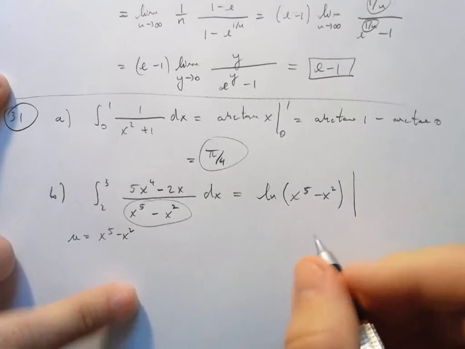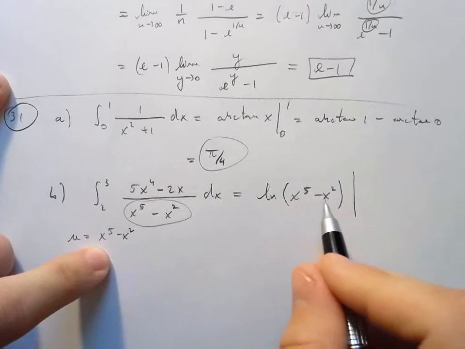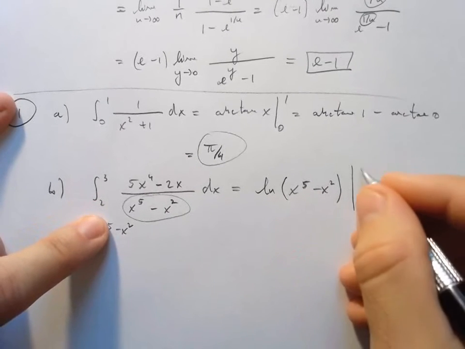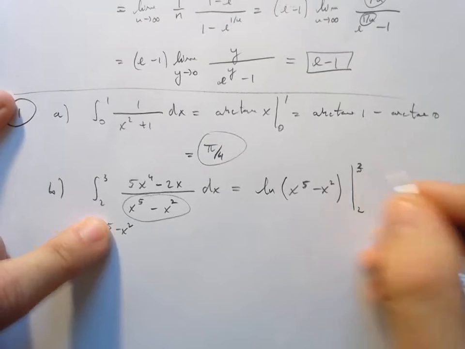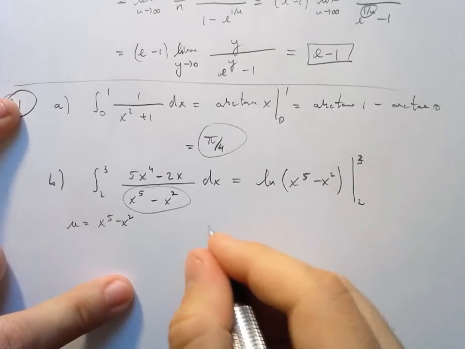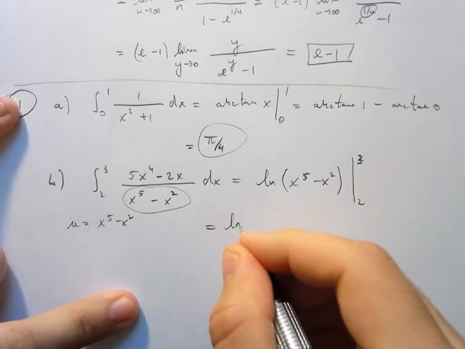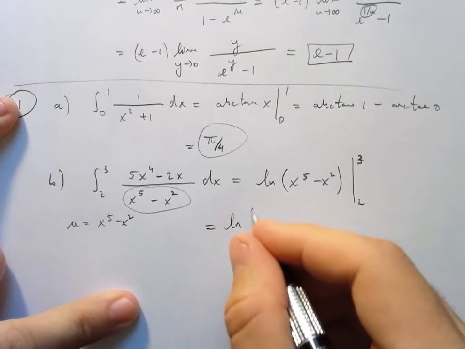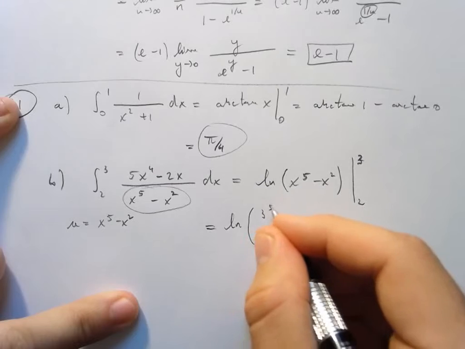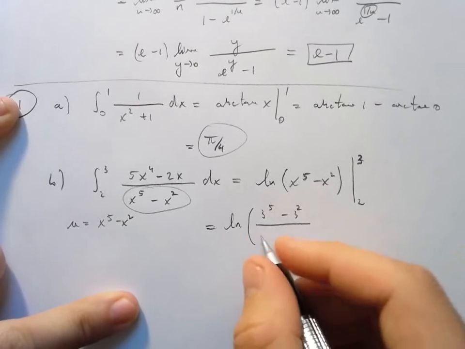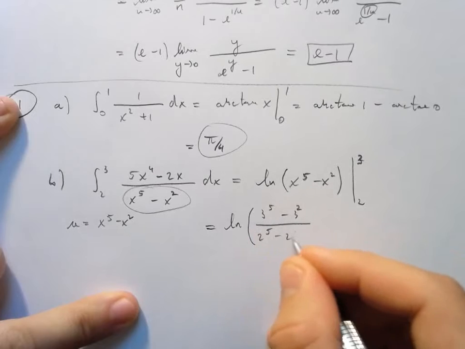And since I'm back to variable x, I don't have to change the bounds for the substitution, so I just evaluate this between 2 and 3. So the answer should be, well, when I plug in 3, I get ln of 3 to the 5th minus 3 squared divided by 2 to the 5th minus 2 squared.